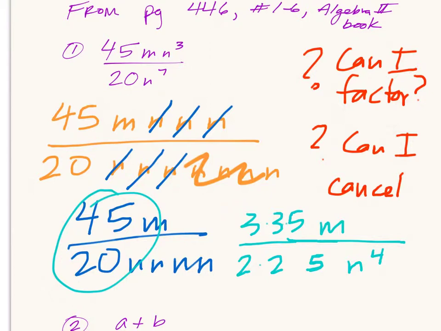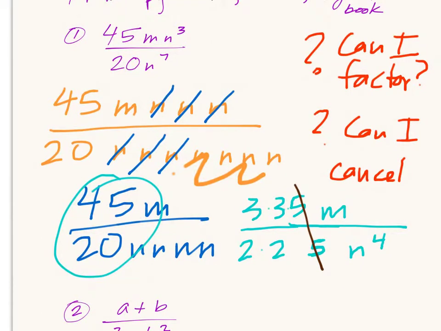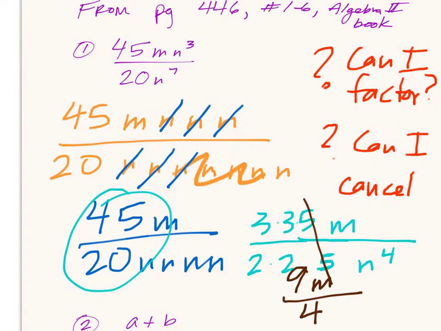I got 2 5s. What's left over here is 3 times 3, or 9, and an m over 4 n to the 4th.